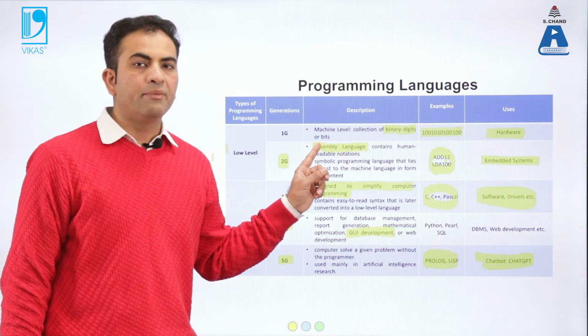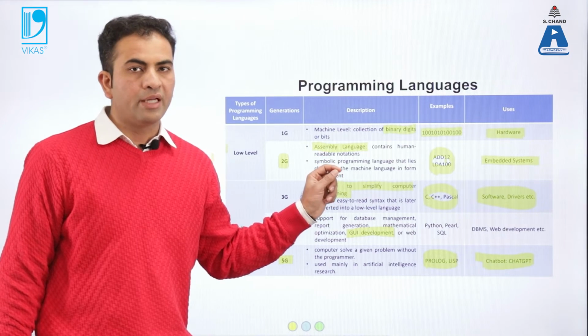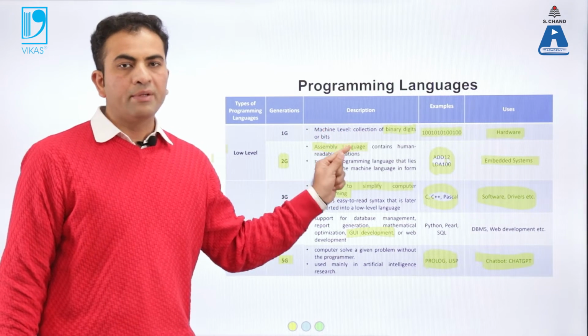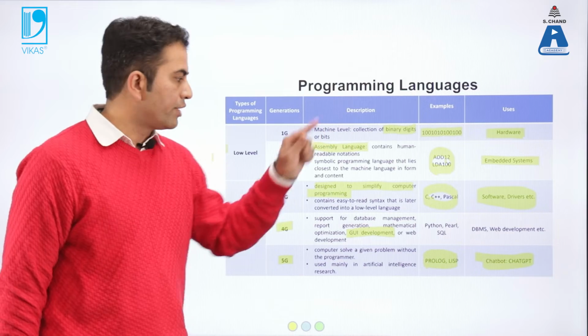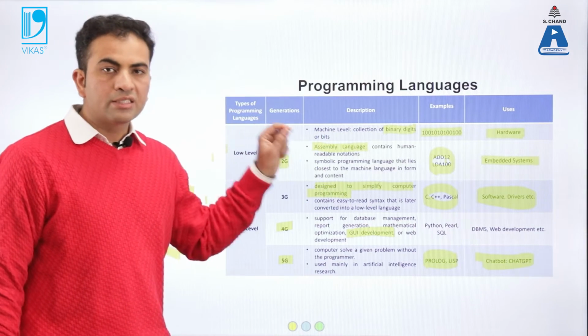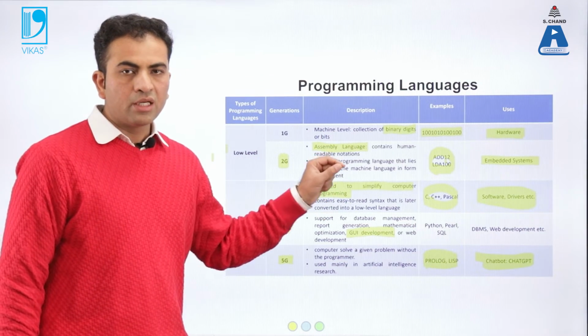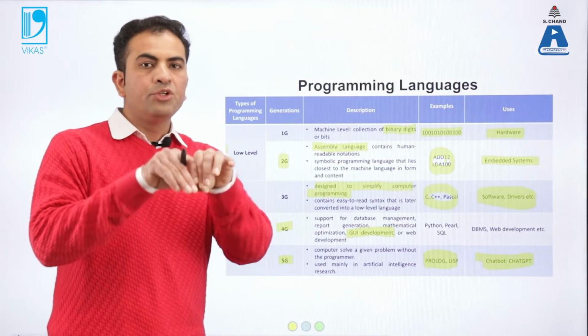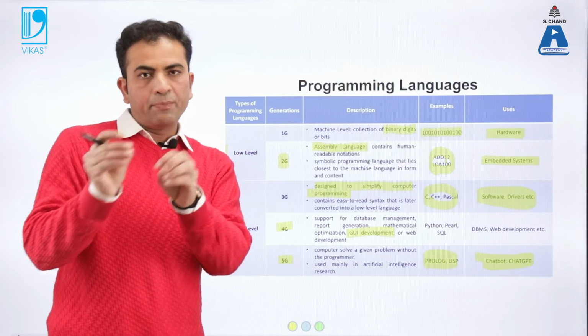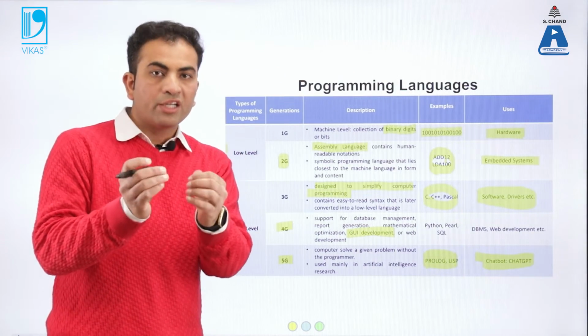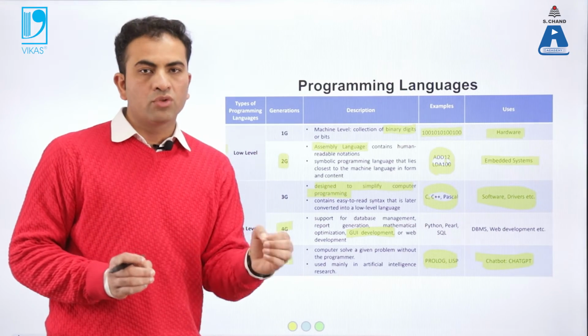First generation computer programming is machine level programming language, where this programming language is directly connected with the hardware. Second generation is assembly language, in which we use some mnemonics, or in simple terms, some keywords so that humans can understand the meaning of those instructions.